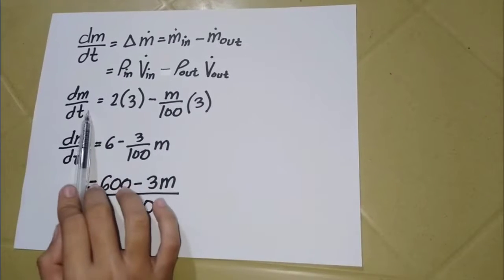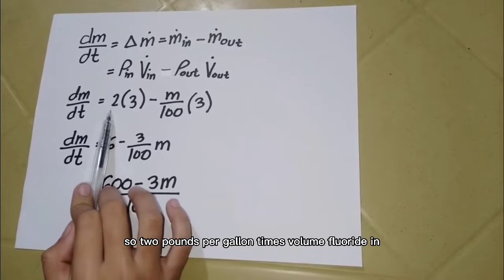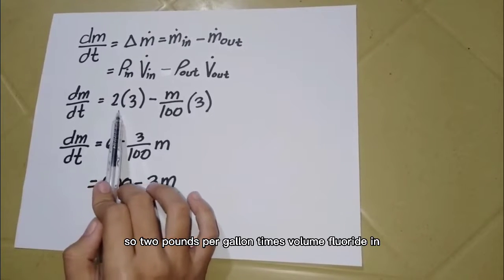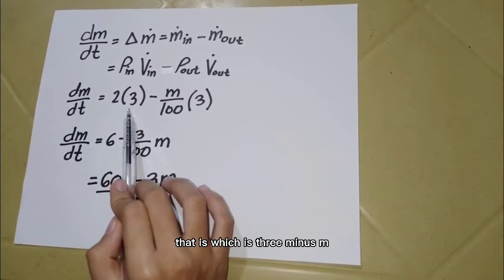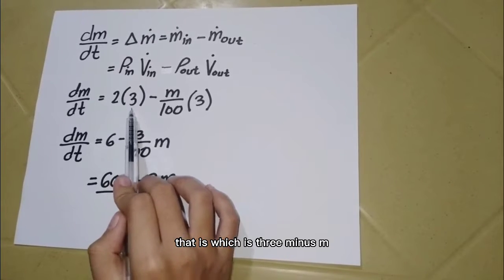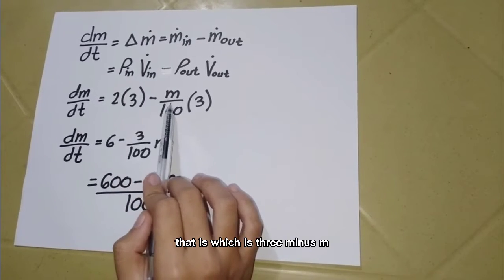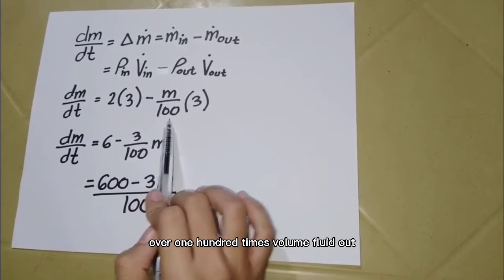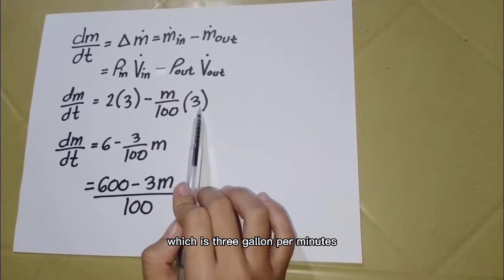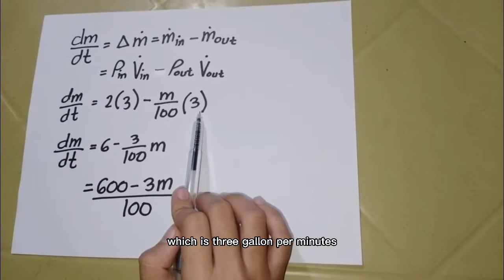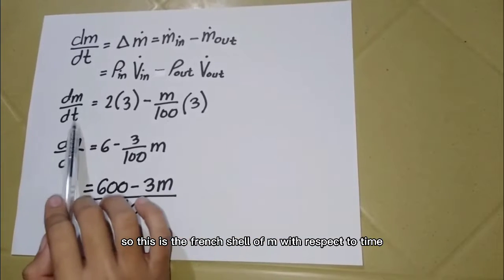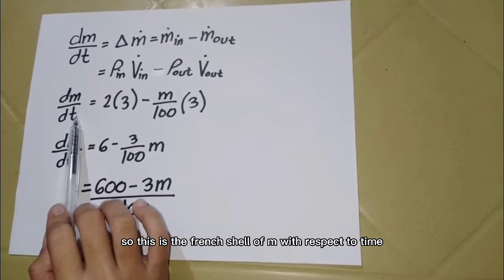Substitute the given: 2 pounds per gallon times volume flow rate in, which is 3, minus m over 100 times volume flow rate out, which is 3 gallons per minute. So this is the differential of m with respect to time.